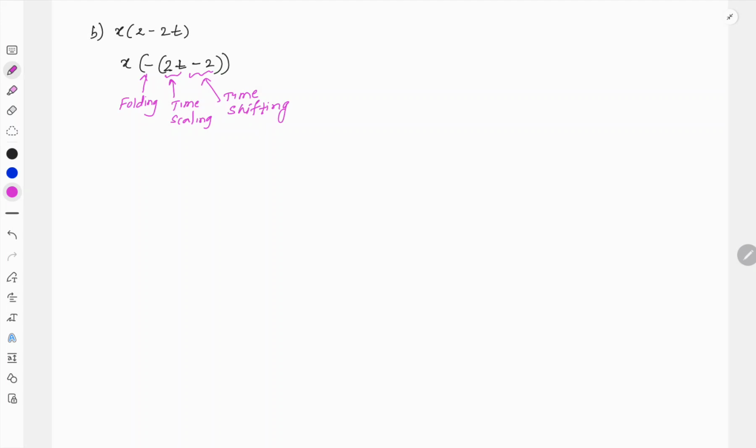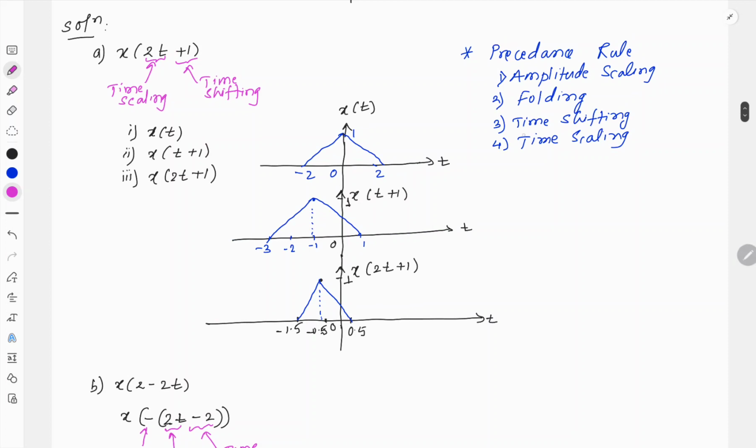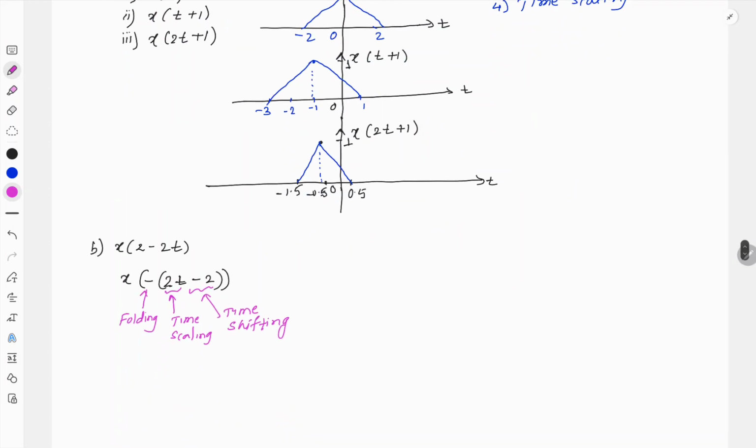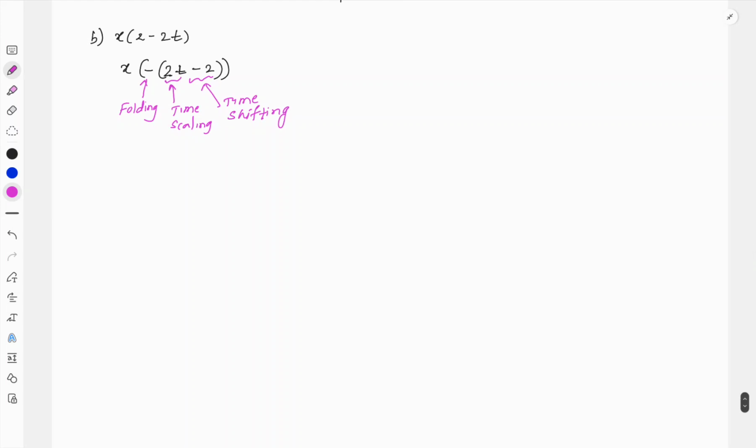So here in this case we have to perform 3 operations, and if you look at precedence rule, the sequence of operations should be amplitude scaling, folding, time shifting and time scaling. So here first operation that we are going to perform is folding. So originally we have x of t, then second we have to draw x of minus t, which is the folding operation.